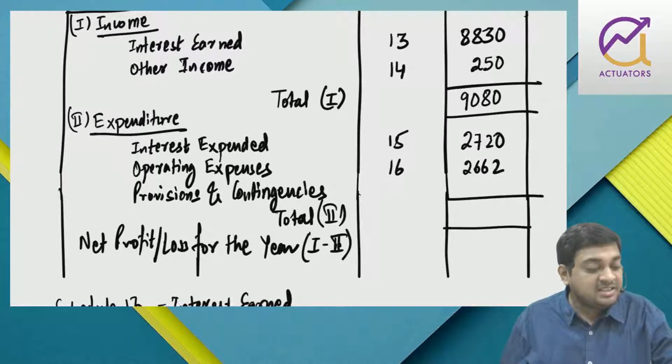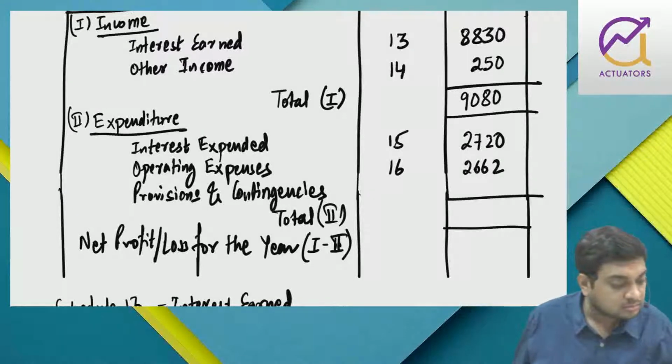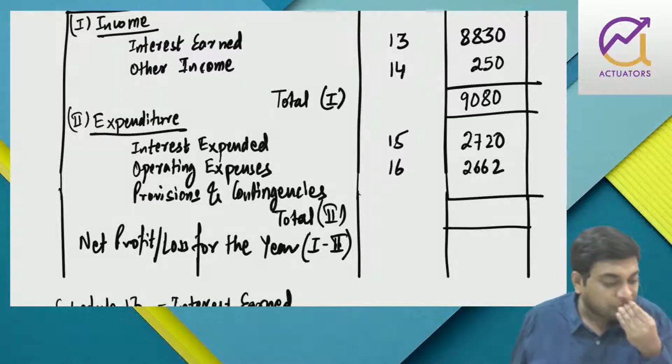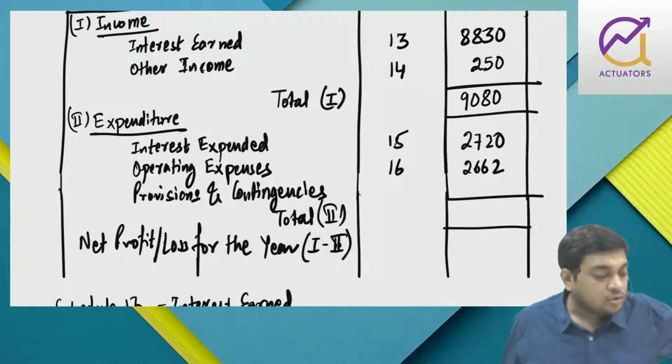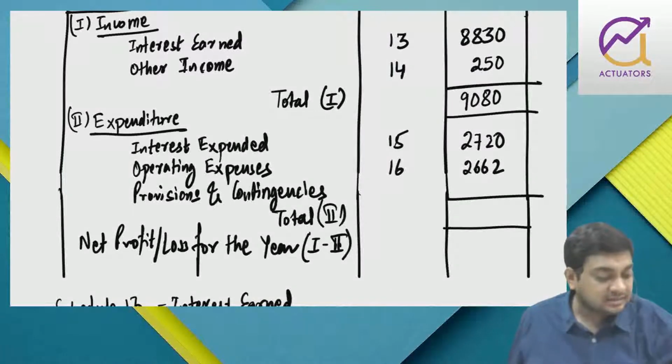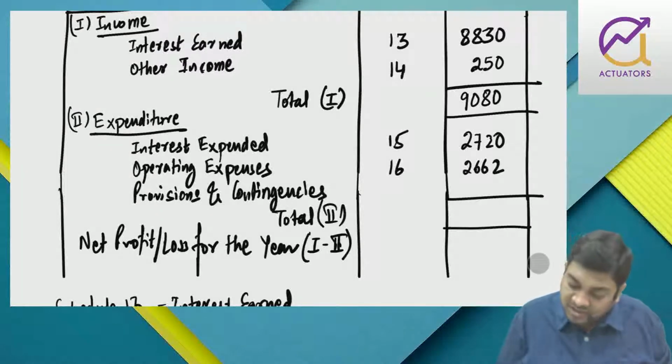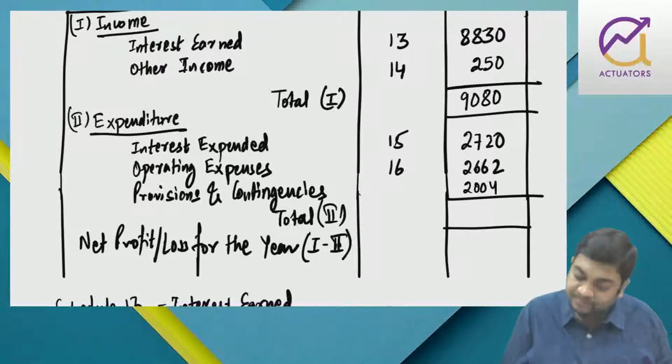And provisions and contingencies, we have provision for tax as well as provision for non-performing asset. Right? So this provision and contingencies includes provision in respect of loans and advances as well as tax provision.